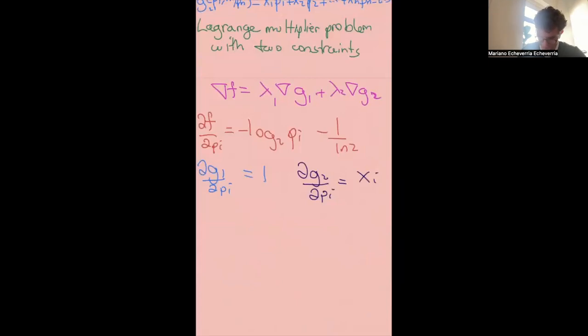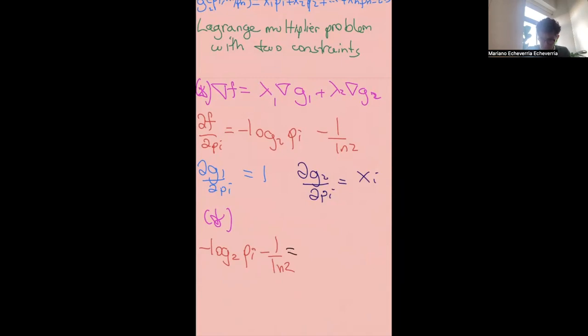So this equation, the Lagrange equation, becomes minus log base 2 of p_i minus 1 over ln 2. And that gives you what? That gives you lambda 1 times the partial derivative, so it gives you lambda 1 times 1.